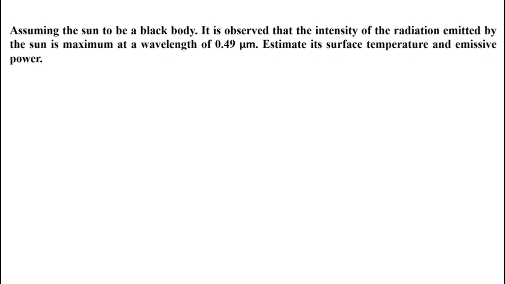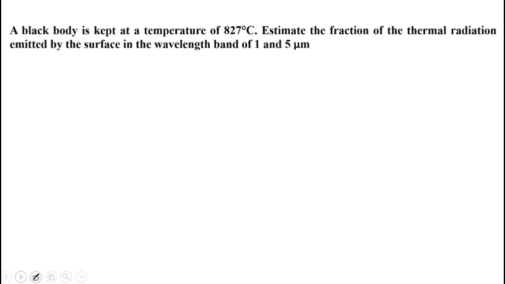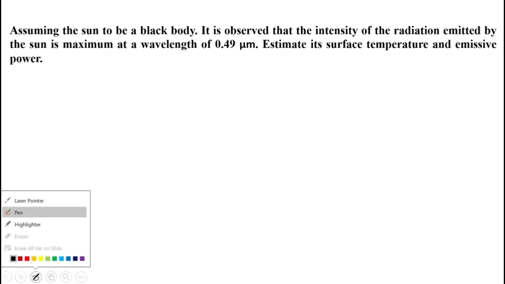Okay. Here, assuming the sun to be a black body, it is observed that the intensity of the radiation emitted by the sun is maximum at a wavelength of 0.49 micrometer. So the sun is a black body, so emissivity is equal to 1.